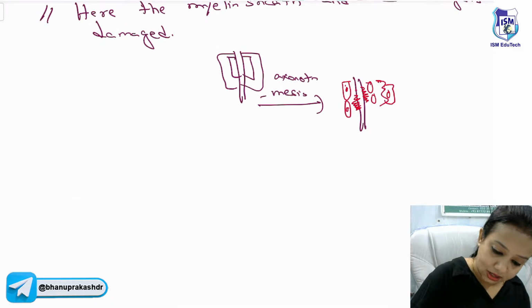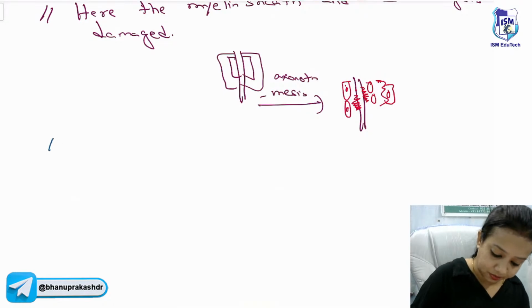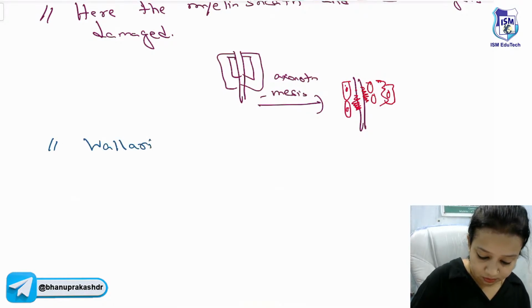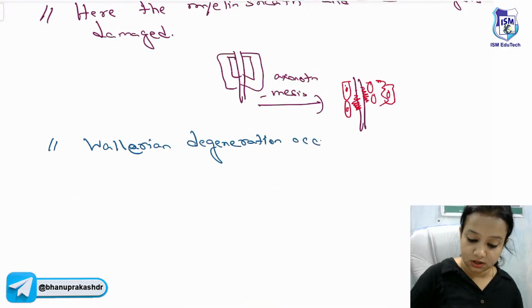Another characteristic of axonotmesis is that Wallerian degeneration occurs. Now, what is Wallerian degeneration? We will come right after it.